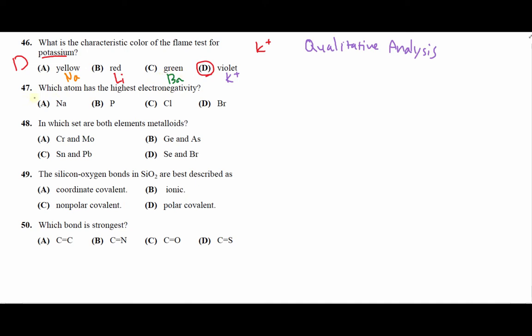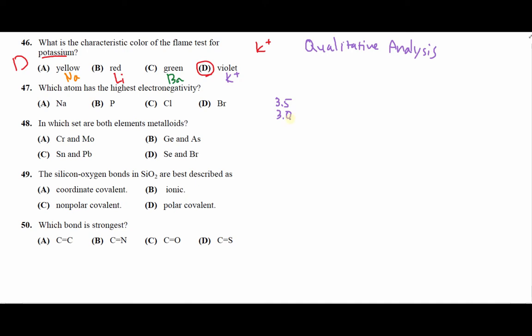Alright, number 47. Which atom has the highest electronegativity? Well, you just have to look at the periodic table, and if you memorize the position of elements in the periodic table, you're going to notice that chlorine is right below the most electronegative atom, fluorine. Despite this, it is weaker than oxygen, and I have to memorize some of them because oxygen has like a 3.5, and when I compare that to chlorine, I know oxygen is higher, but chlorine is still higher than most other elements.